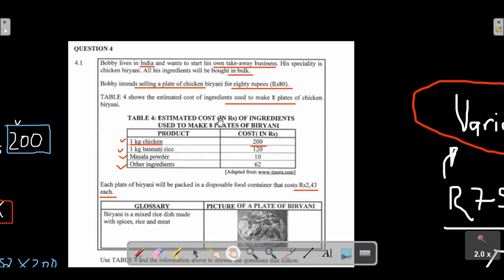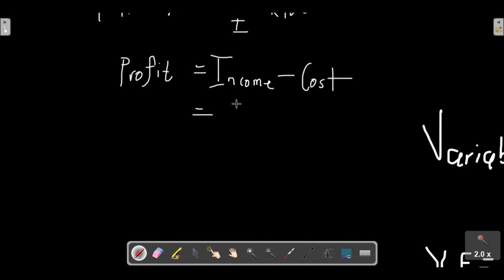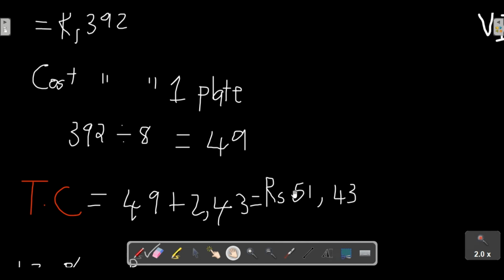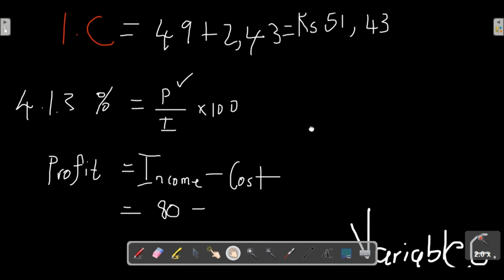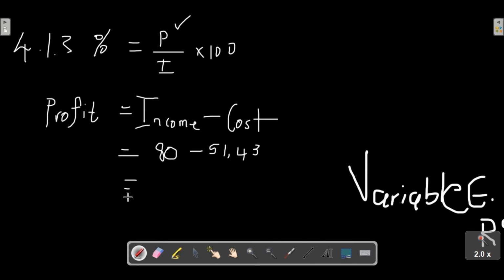So that is the income that he will receive for one plate of chicken biryani. So his income is 80. And then we subtract the cost. The cost to make one plate, as we had calculated in the previous question, is 51.43.